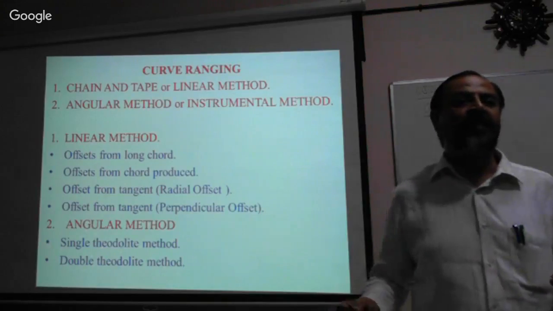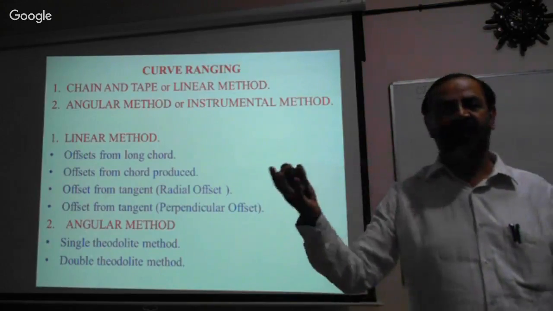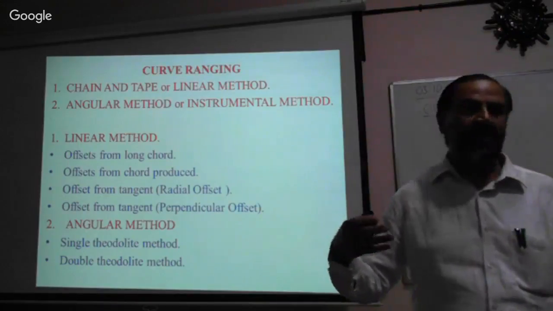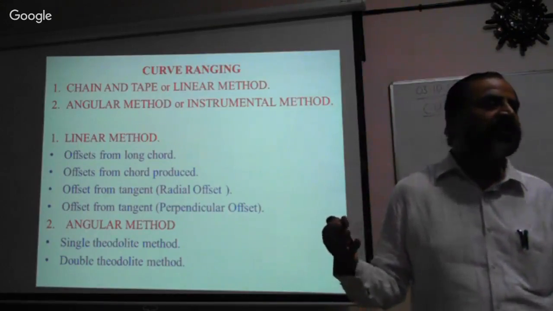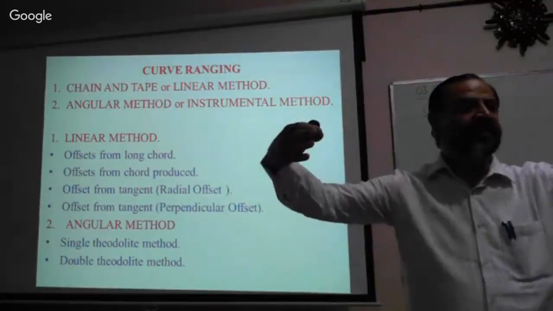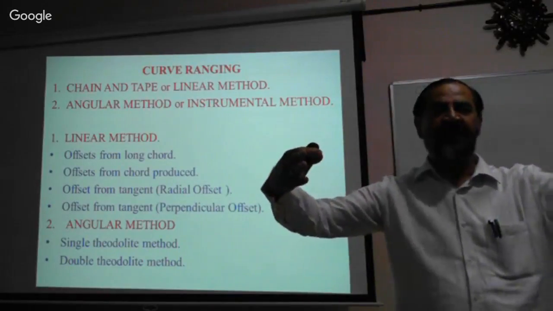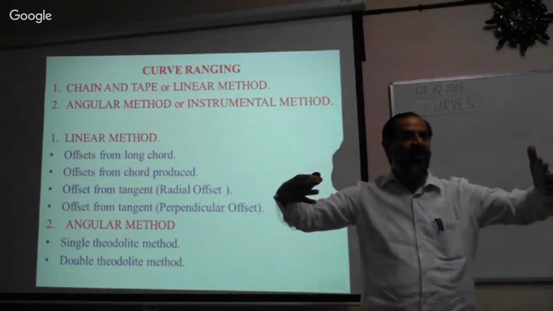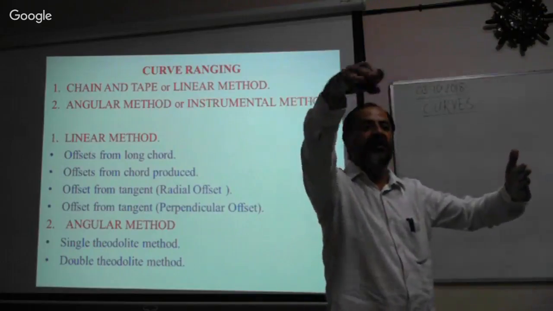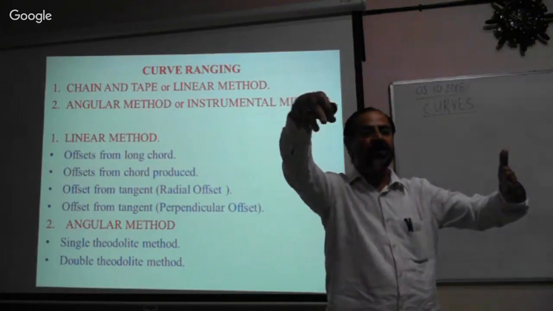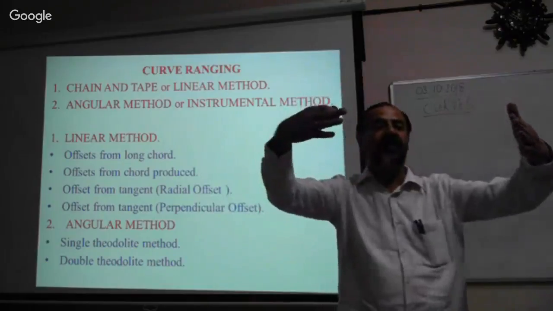Sometimes, while constructing a railway line or larger highways like national highways, we may not be able to reach the intersection point. There is one straight here and another straight here, and we may not be able to see the intersection point.